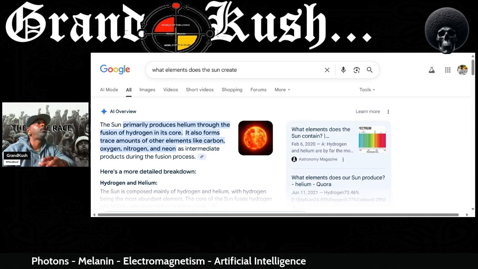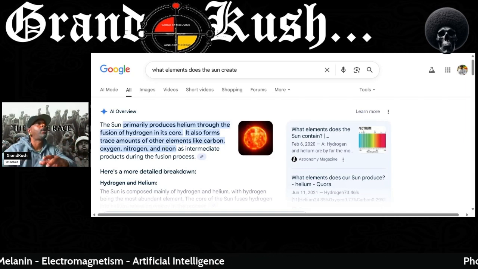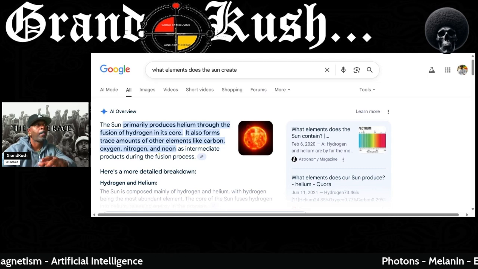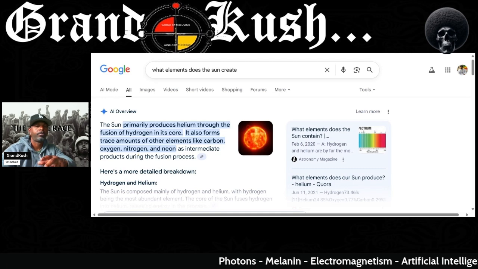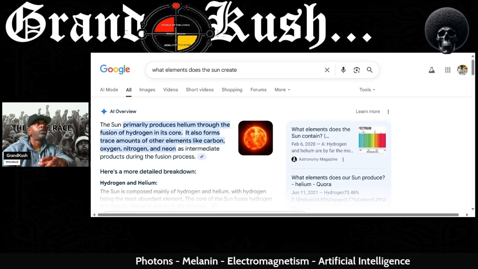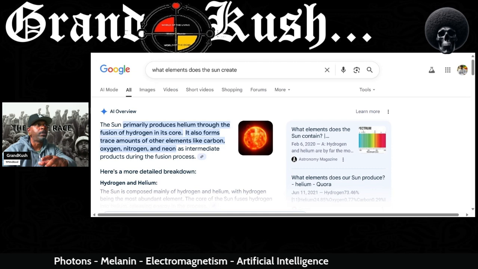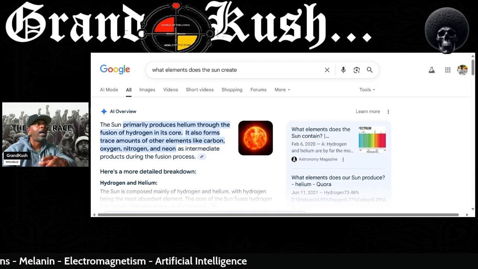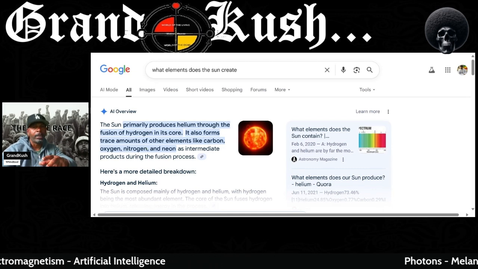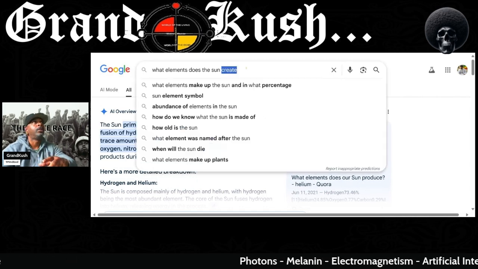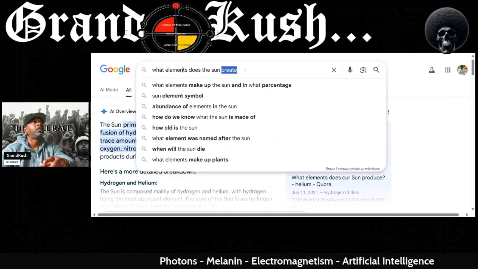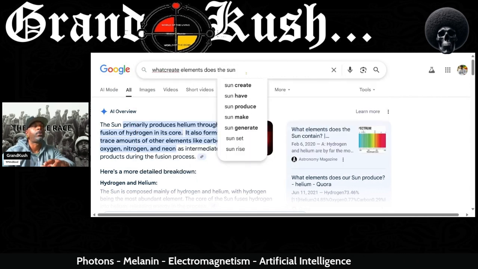It also forms trace amounts of other elements like carbon, oxygen, and nitrogen. Okay. So you would say hydrogen, carbon, oxygen, nitrogen. Okay. And so that's what elements the sun creates.